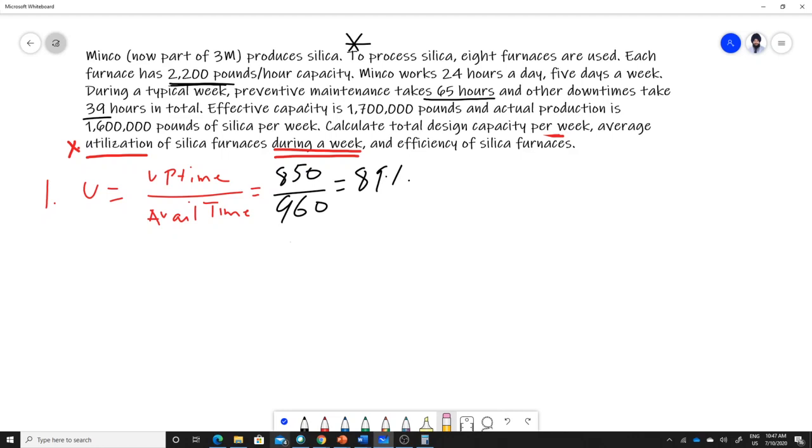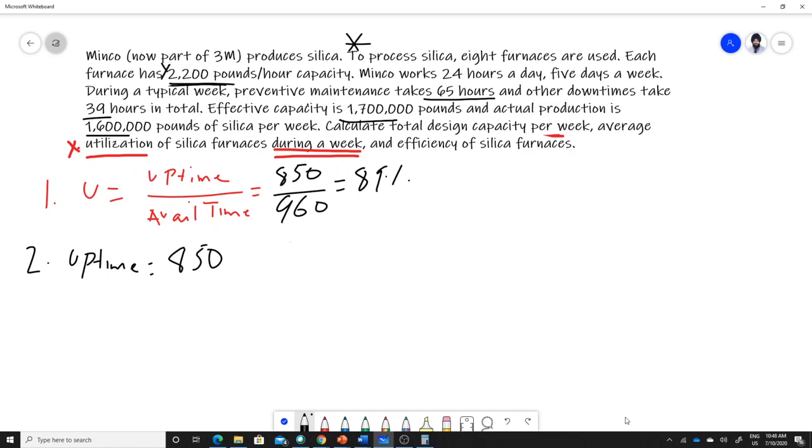So we have some other information here. The effective capacity is 1.7 million pounds per week, right? And the actual production is 1.6 million pounds per week. Before we look into the efficiency part, let's explore this a little bit more to clear some of the concepts. We have here uptime that we calculated as 856 hours per week. And we know that we can process 2200 pounds of silica per hour.